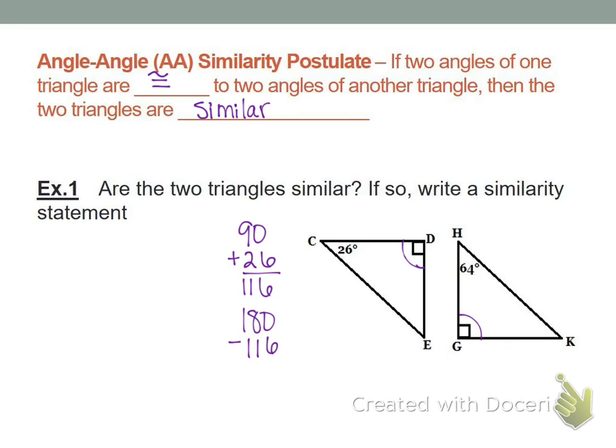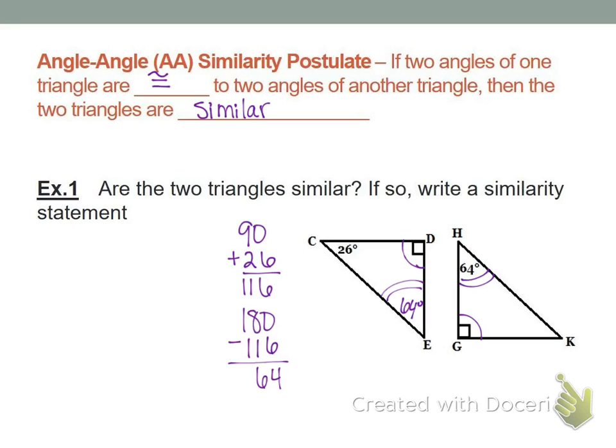We subtract the 116 from 180, and we would get 64. Now, do we need to go through and find angle K? No, because if this is 64, then that is our other pair of congruent angles. Angle K would end up being 26 degrees, but you don't have to do that.